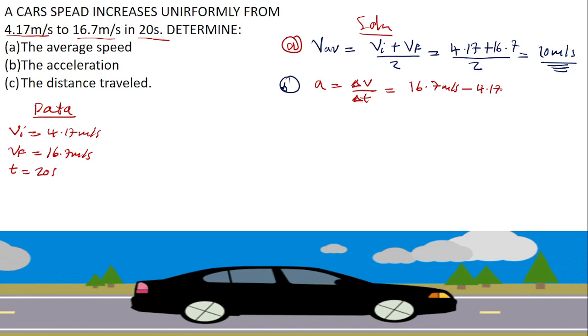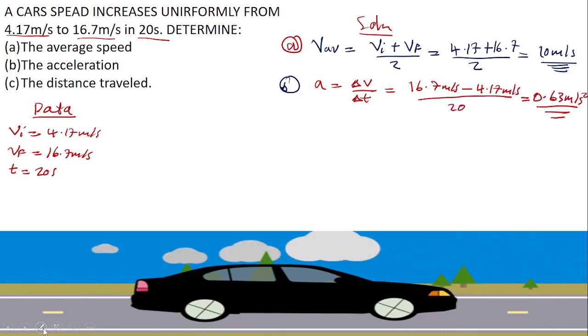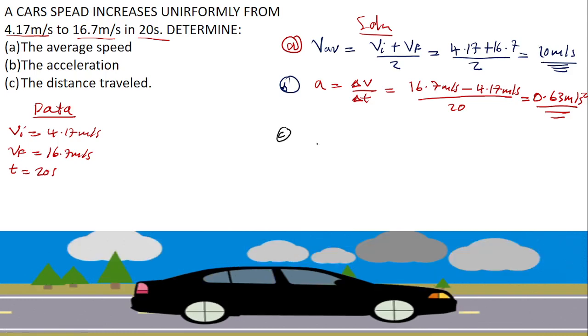So take note of the SI unit. That's where the SI units play a role in such a case. The next part is the distance traveled, which is our C. Distance can easily be found by utilizing the formulas or the information we have been given.